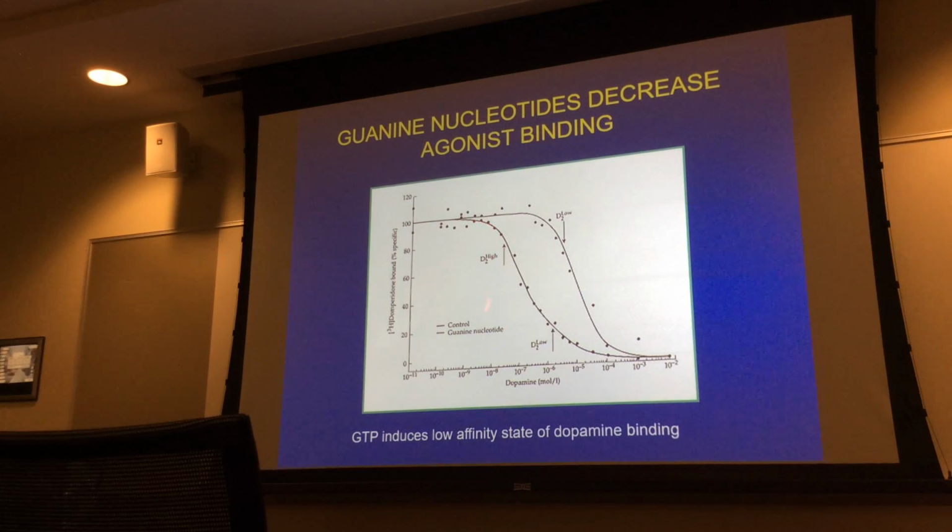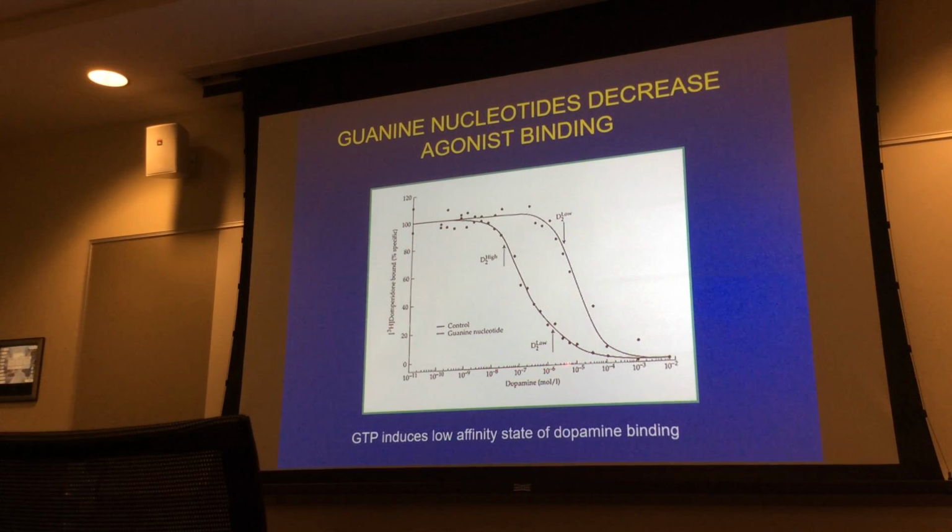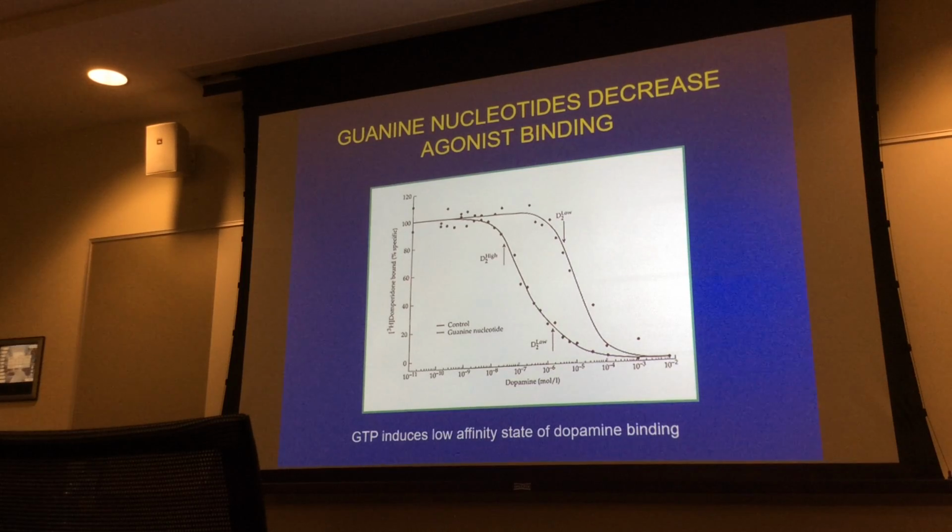Let's ignore the curve over to the right and just take a look at this one. It looks to me like this curve starts at about 10 to the minus 8th molar and ends at about 10 to the minus 5 molar. So it's taking 1, 2, 3 orders of magnitude for dopamine to displace this curve. So this suggests to me that the hill slope of this is low, and it is.